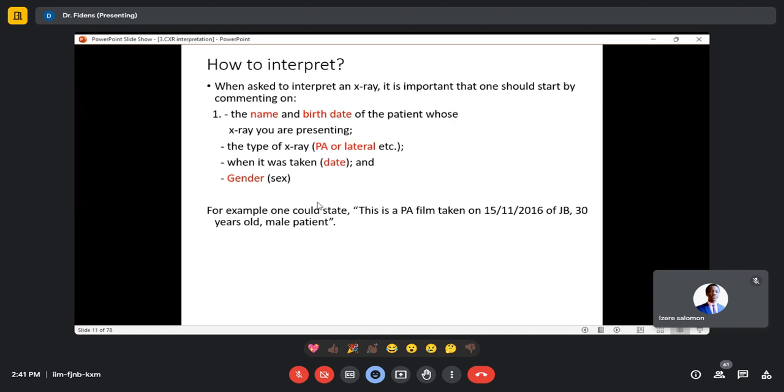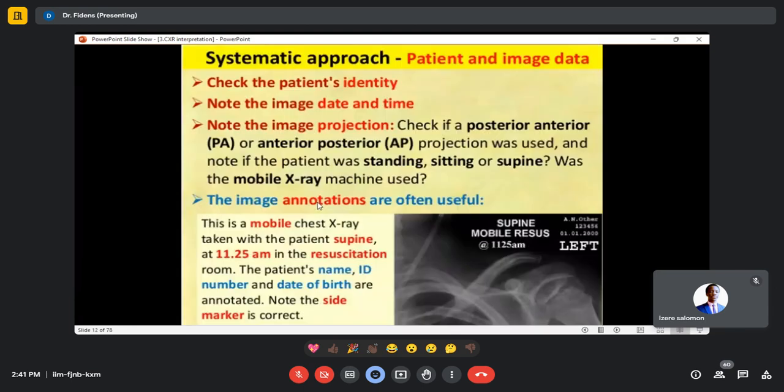So for example, when you are describing an image, you start by saying this is a PA film, this is an AP film, this is a lateral film of chest taken on this date, of the name, the patient called this and this, 30 years old, male patient. By this small sentence, you have included almost all the identification descriptors. So this is very important.